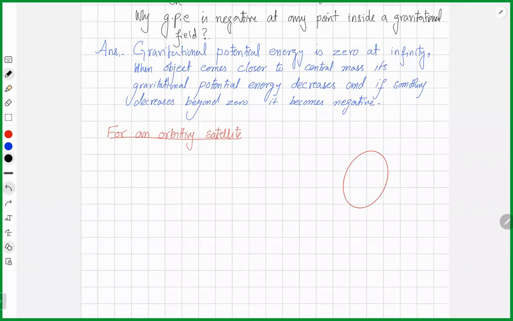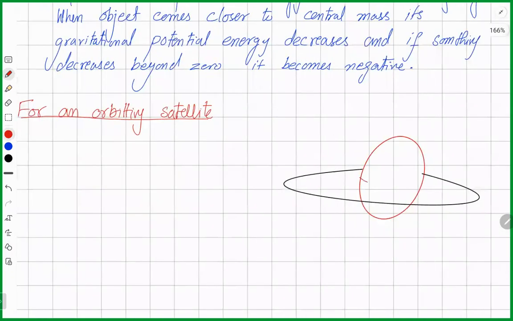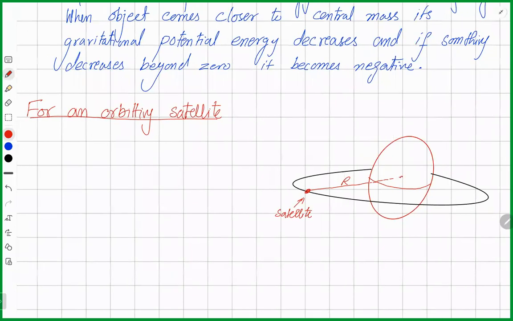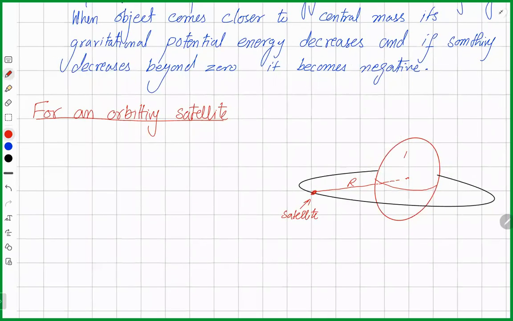Why don't you make a normal elliptical curve like this? Okay. Now, this is a satellite which is orbiting at a distance of r from the center, and this is the central mass M. The satellite has a mass small m.